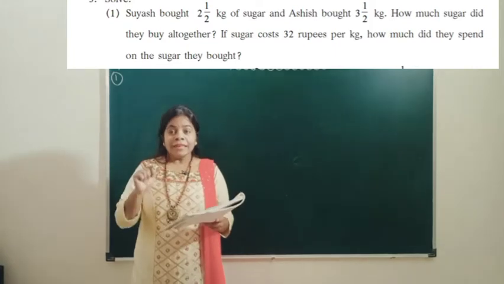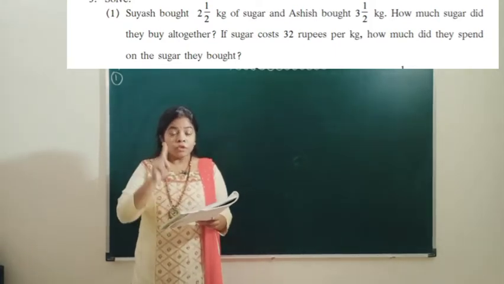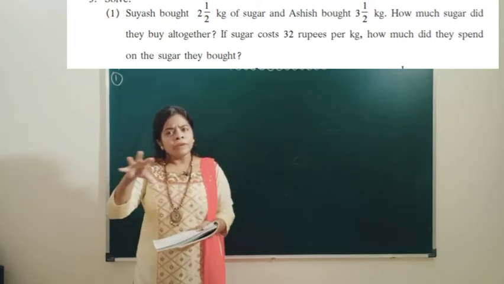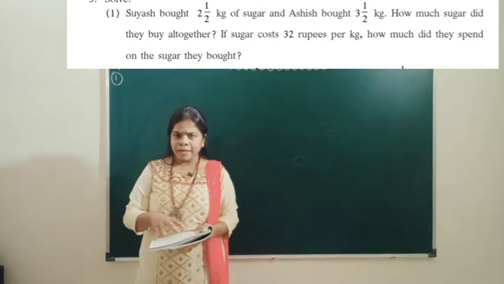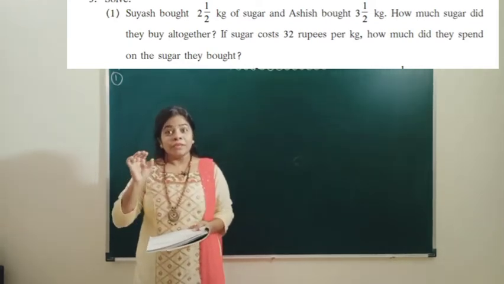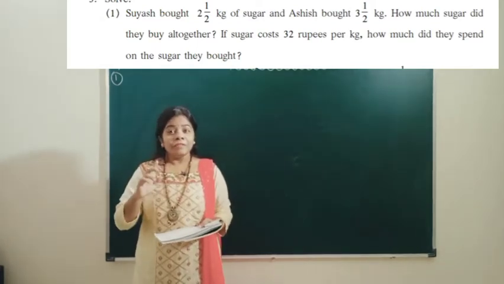Along with that, they are also asking us to find the cost. Cost of 1 kg sugar is 32 rupees. So whatever total sugar they are buying, we are going to multiply that much kg of sugar with 32 rupees. So we will get the total cost they have spent.